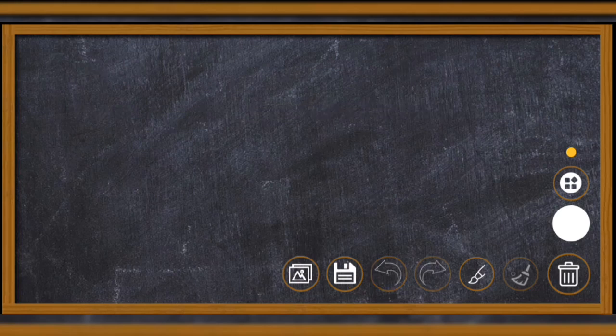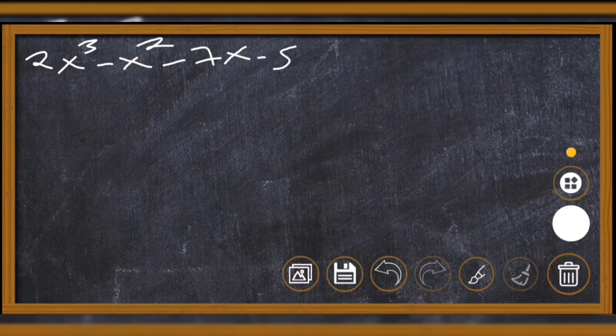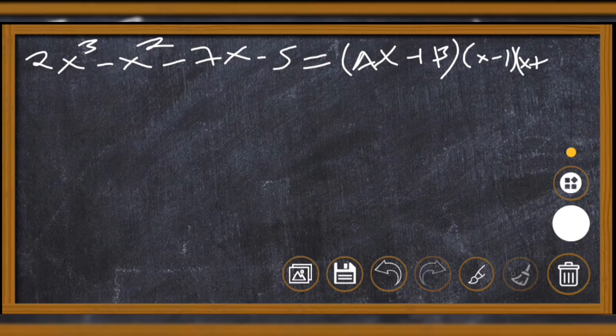So let's say you have 2x^3 - x^2 - 7x - 5. This equals, let's say, (ax + b) multiplied by (x - 1), and then we have also (x + 2), and then this is added to constant value c.